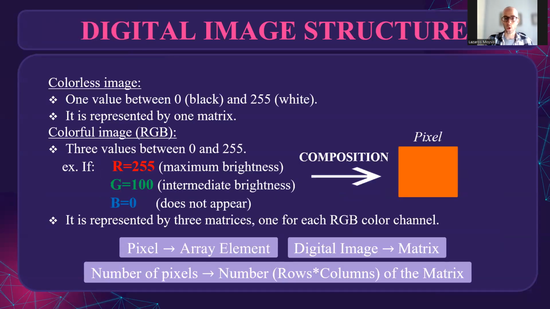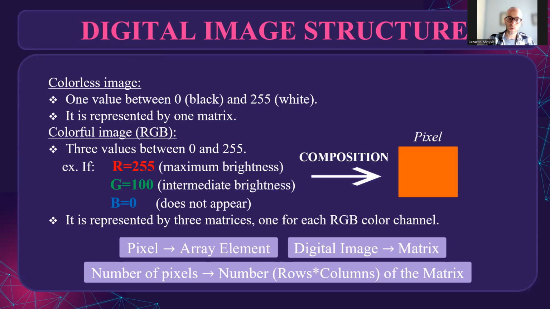Each element in these matrices represents the value of the pixel. So in a grayscale image, a pixel with a value of 0 is black, a pixel with a value of 255 is white, and all the intermediate integer values represent the shades of gray.